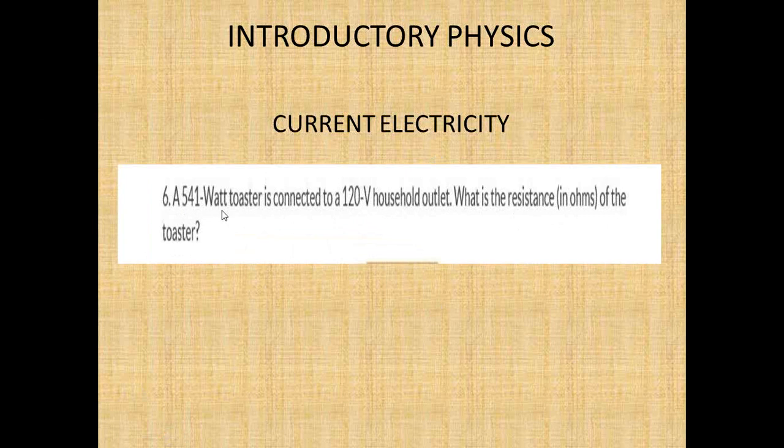If you look at your power equations, the one that you're going to use is power is equal to V squared over R. Because you have power, you have voltage, and you need to find resistance. So the equation that I would use is power equal to V squared divided by R.